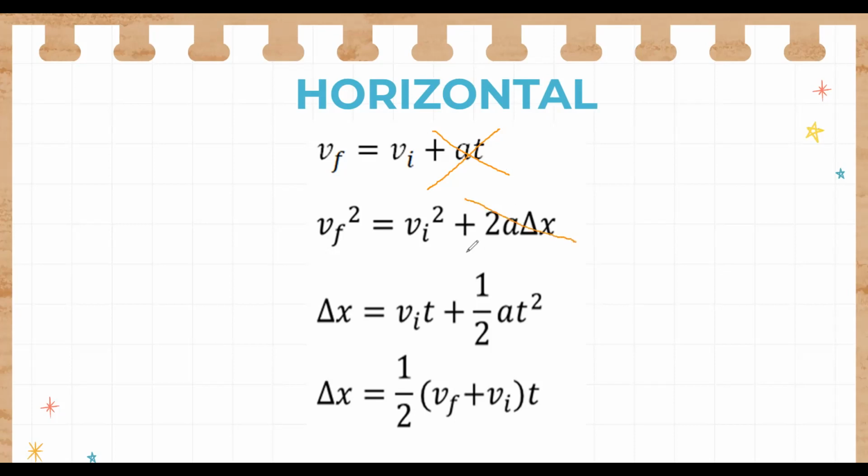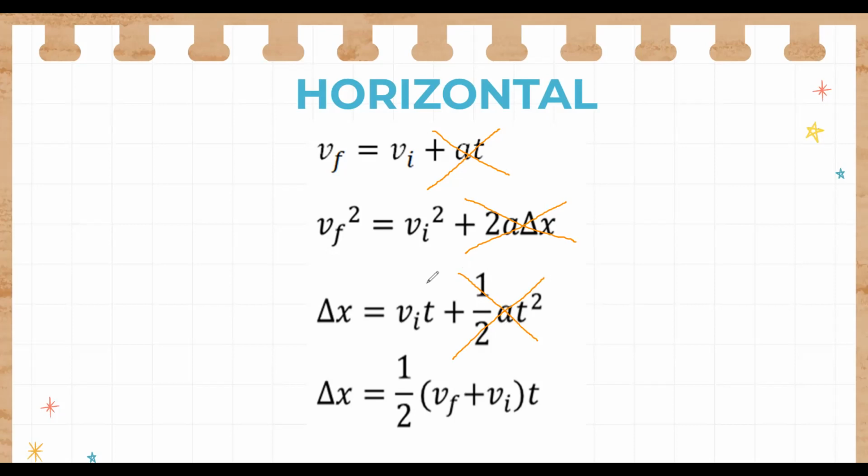Over here as well, in the second formula, I'm going to cancel out this second term because my acceleration is 0. All right? Now, the rest of the formula is going to be a little bit more useful, all right?